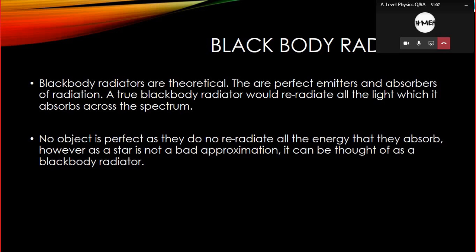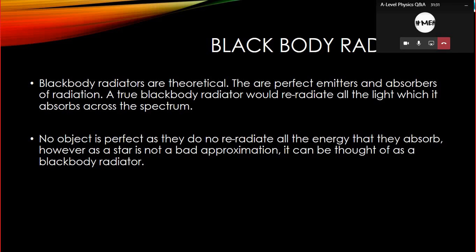We can think, okay, this would be a problem, conceptually, if it didn't also emit all of the light that it needed to. Because otherwise it would just heat up and up and up, because it's a perfect absorber. So it emits the same amount of energy as it absorbs, but absorbs all of the energy that hits it.